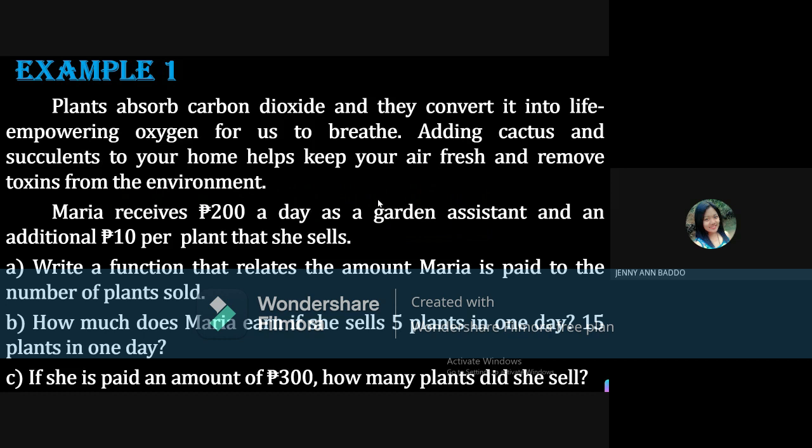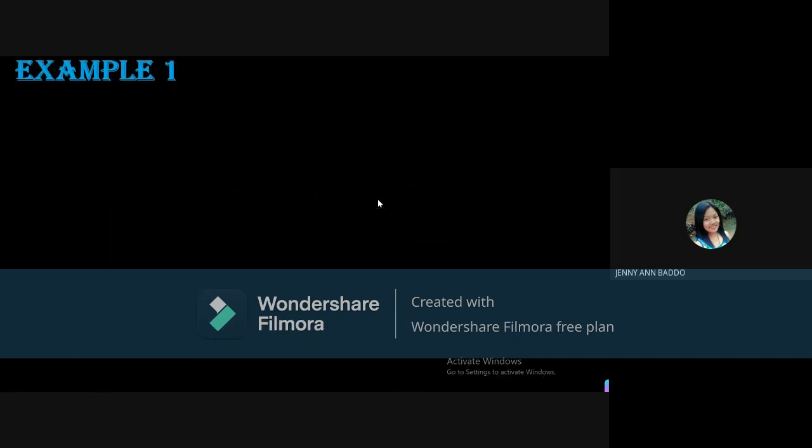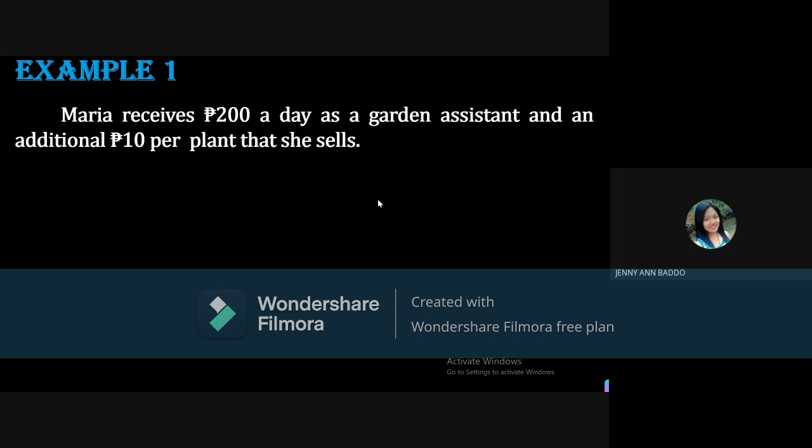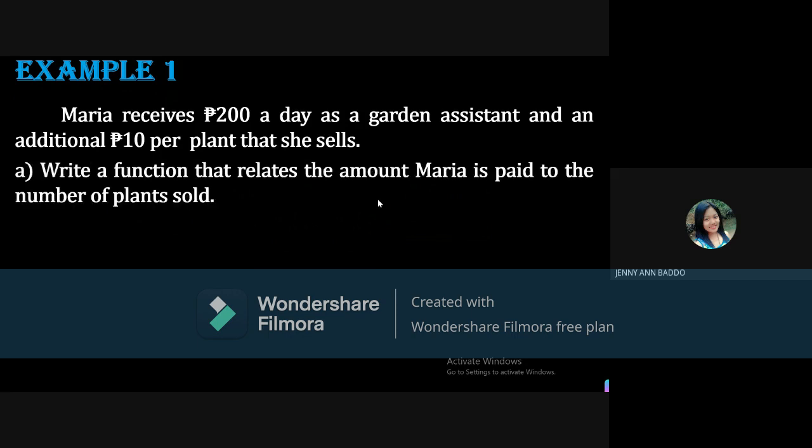So to solve those questions, we have to consider first the problem. Maria receives 200 pesos a day as a garden assistant and an additional 10 pesos per plant that she sells. We have to write first, or find, the function that relates the amount Maria is paid to the number of plants sold.